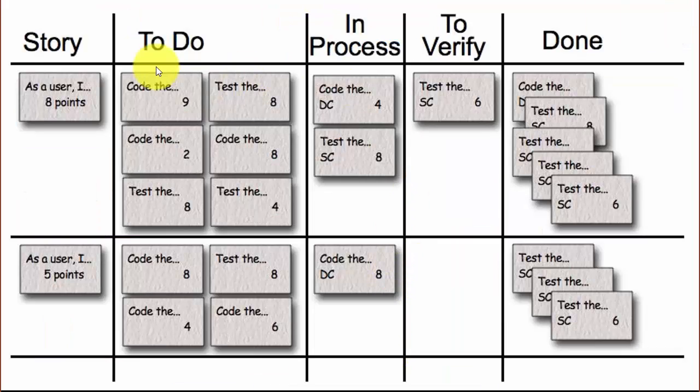Here you see another example where you have some more columns. So here are the stories or the sprint items, and then each sprint item can be divided into several tasks like this.